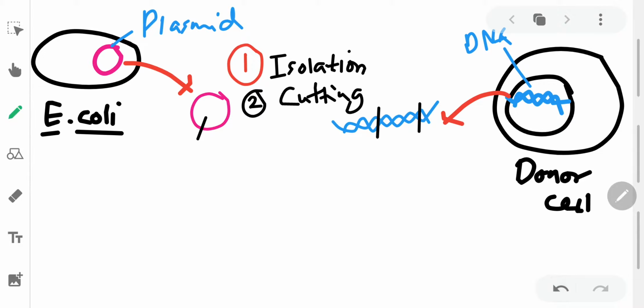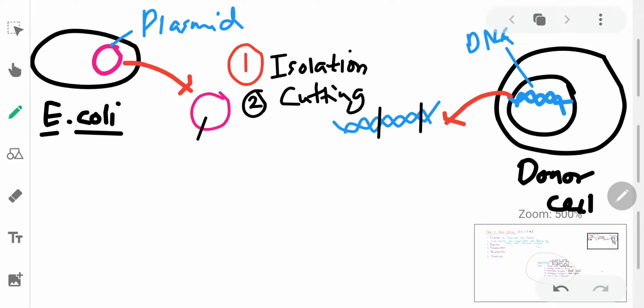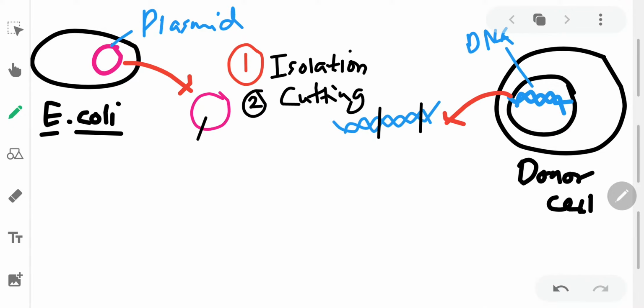So if we use EcoR1, it will produce sticky end. If we cut by using SMA1, it will produce blunt end.